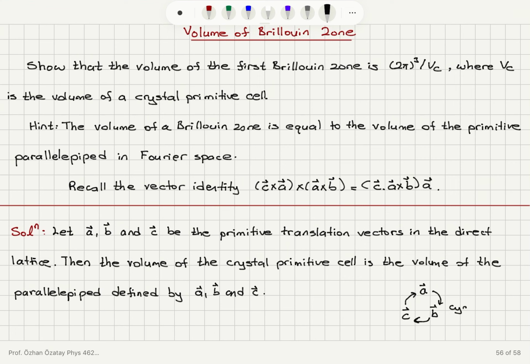So cyclic permutations, and this is the positive direction, which is the clockwise direction.